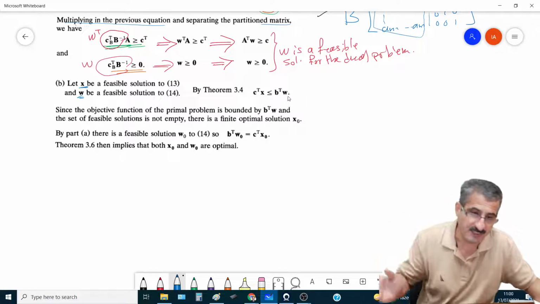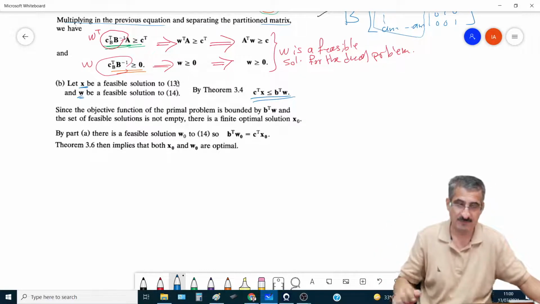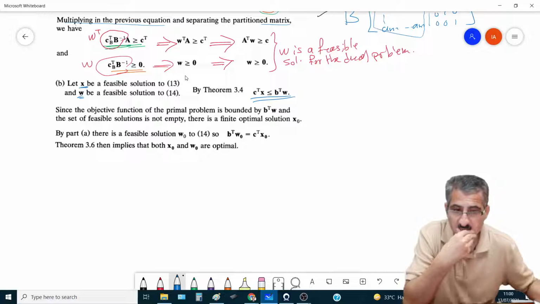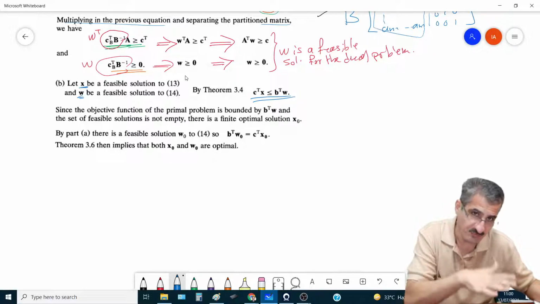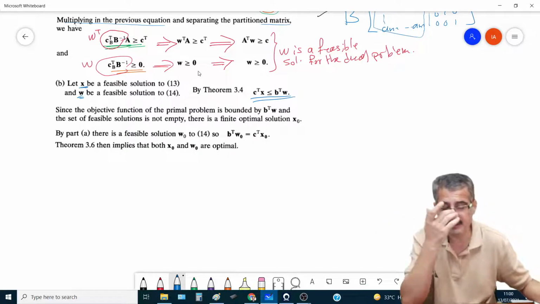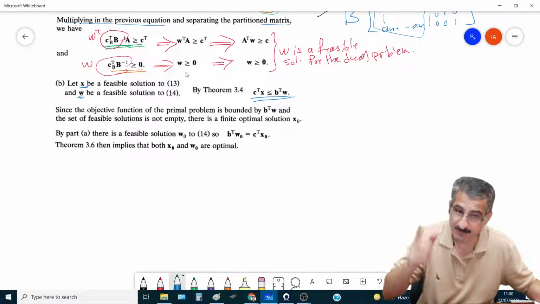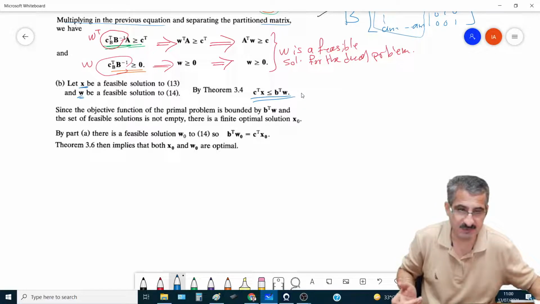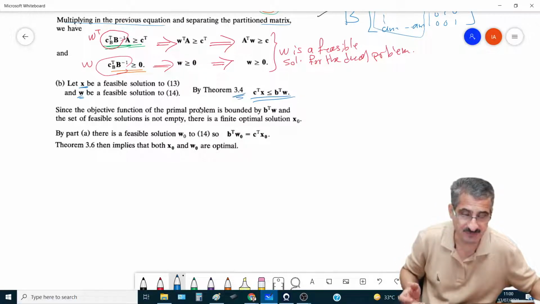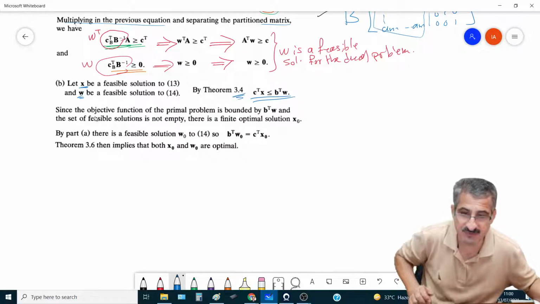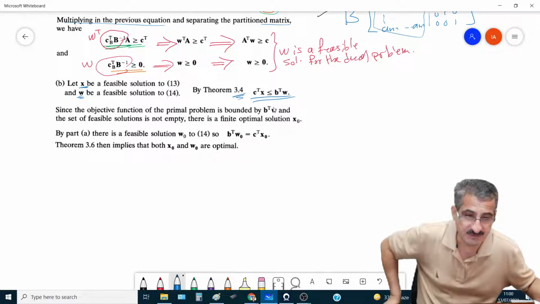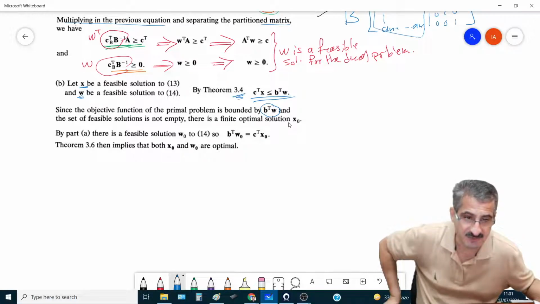Then we know the value of the objective function of the dual at W is always bigger than the value of the objective function of the primal at X. This is by the very first theorem we have seen. Since the objective function of the primal is bounded by W transpose B and the set of feasible solutions is not empty, there is a finite optimal solution.